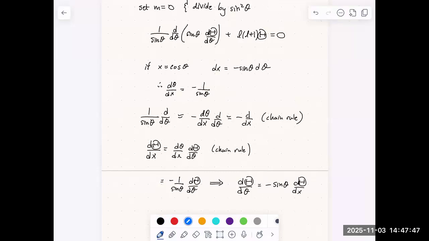So what we're going to do is here, we're going to replace all of that with minus d by dx. And here, we're going to replace that thing.